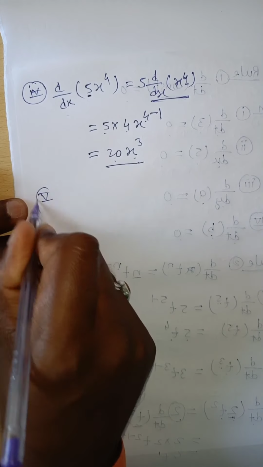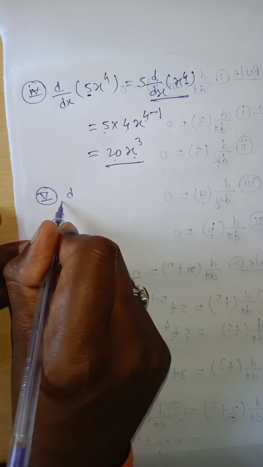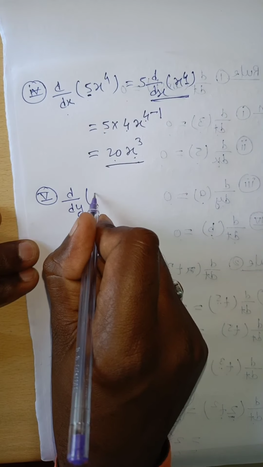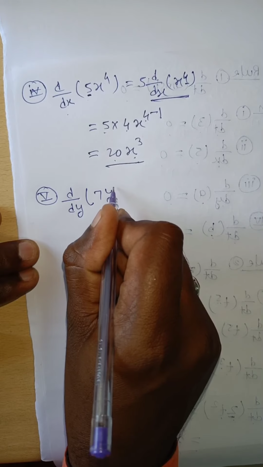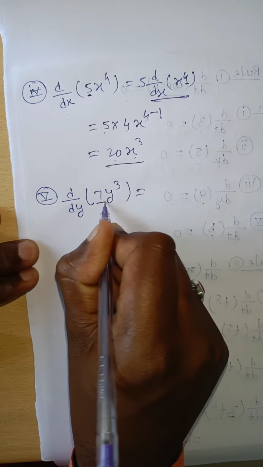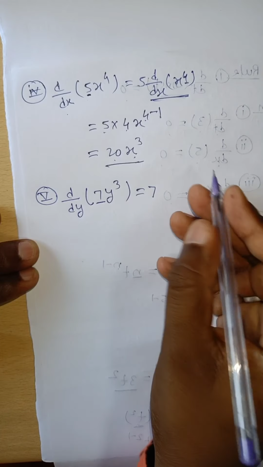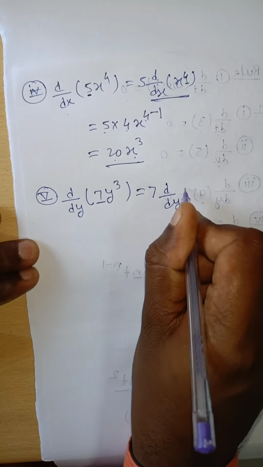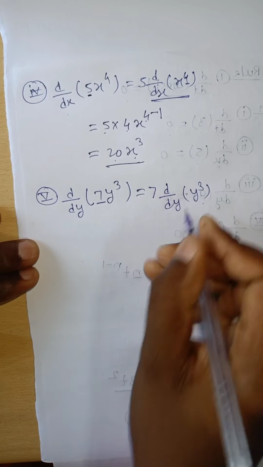Now similarly, example 5, d by dy of 7y to the power of 3. Then 7 is a constant, therefore taking 7 outside, 7 into d by dy of y cube.